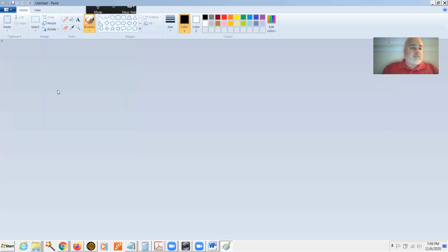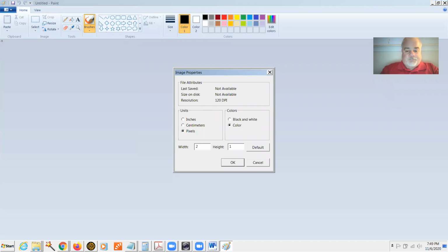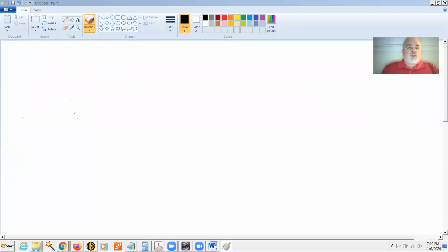If I make myself a little blank worksheet here, so let's say I've got a 5.5 by 10 layout. All right. 5.5 feet between my vines and 10 feet between my rows. How many vines per acre?